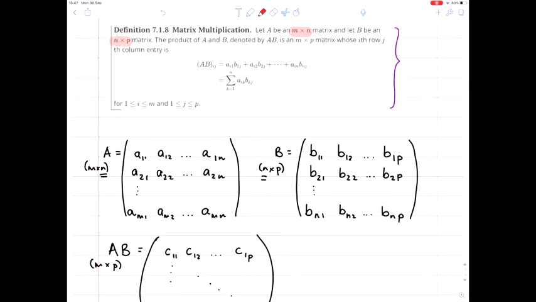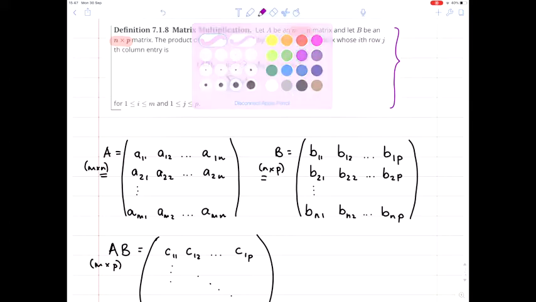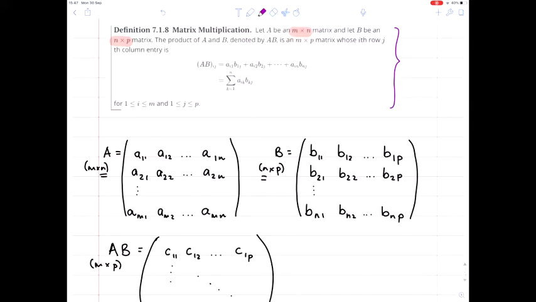What is the important thing here? The number of columns of your first matrix needs to be the same as the number of rows of your second matrix. It doesn't matter how many rows your first matrix has and how many columns your second matrix has, but what is crucial is that your first matrix has the same number of columns as your second matrix has rows.